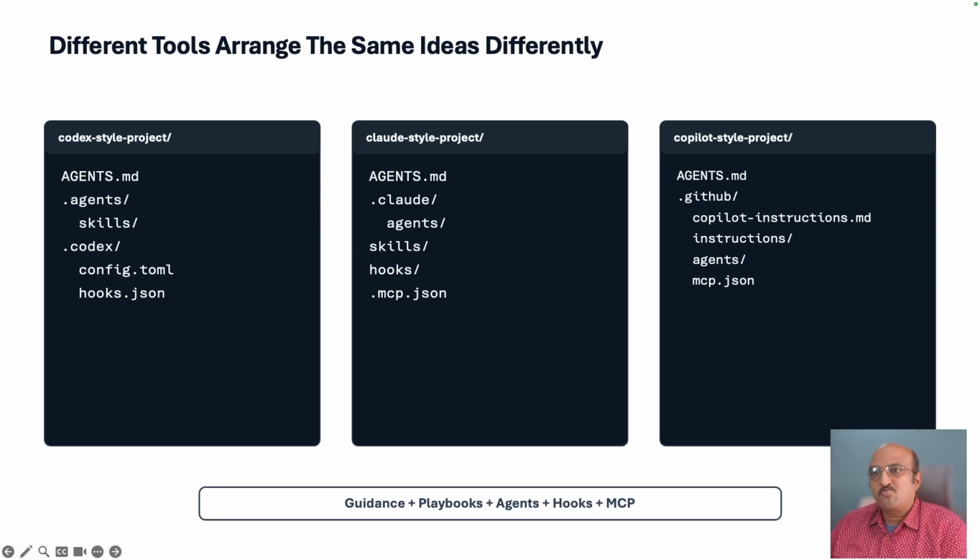You can switch to Codex or you can switch to Copilot, provided you understand these underlying fundamental core concepts. And it is possible to create a repository with an AI setup that can work seamlessly across different frameworks in the same repository. I will show you a sample repository where I have set this up so that you can get an idea of how a real world setup looks.